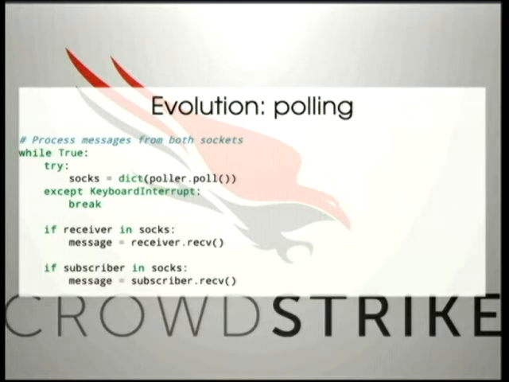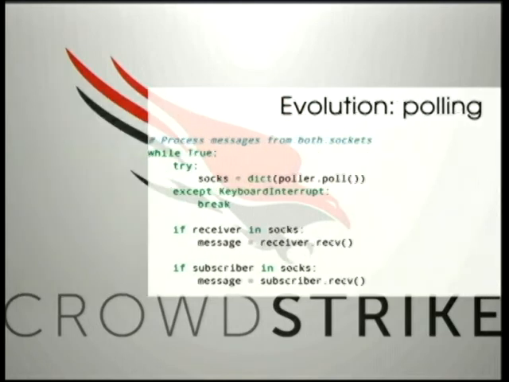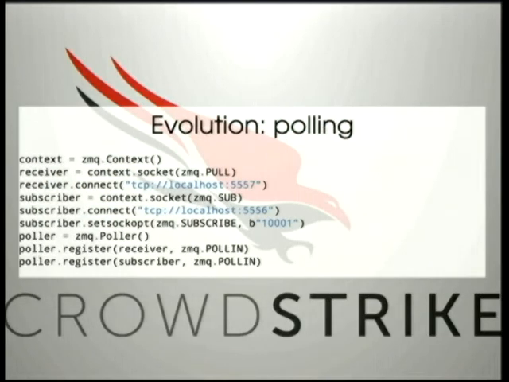So you say, if that receiver is in the set of sockets that I've done something on, I can receive that message, or if it was a different socket, you can receive that other one. So this is, like I said, pretty low level. It's really verbose. It's what the ZMQ stream code does under the covers.